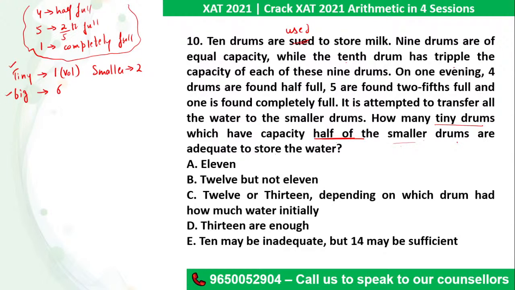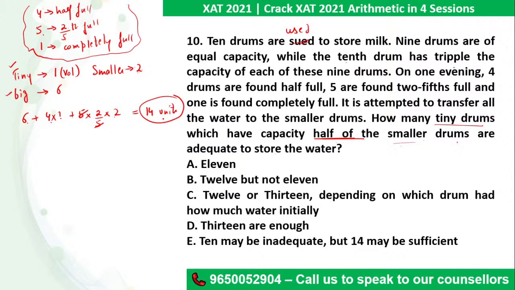So the water in this would be 6 units, and then these 9 drums are the smaller ones. 4 are half filled, that means each has 1 unit, and the remaining 5 are 2 by 5 filled, so 5 drums each with 2 by 5 of this volume. If you add all these values, it is 6 plus 4 plus 4, that is 14 units.